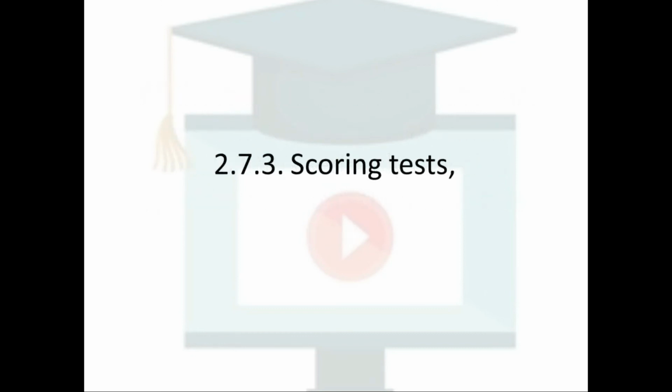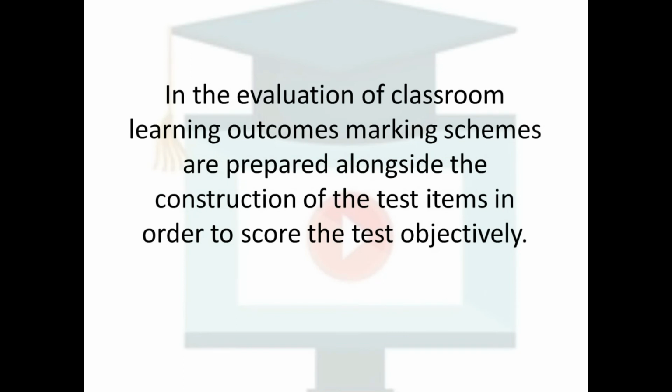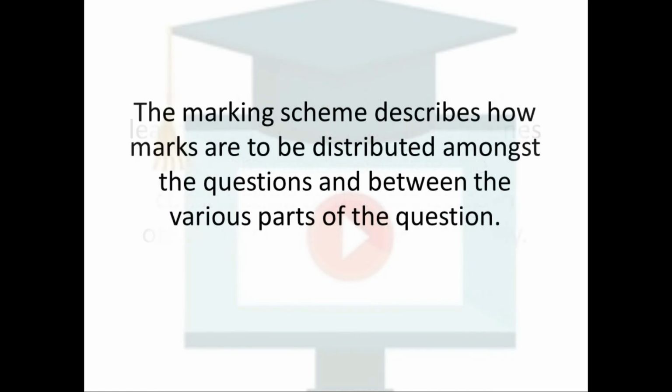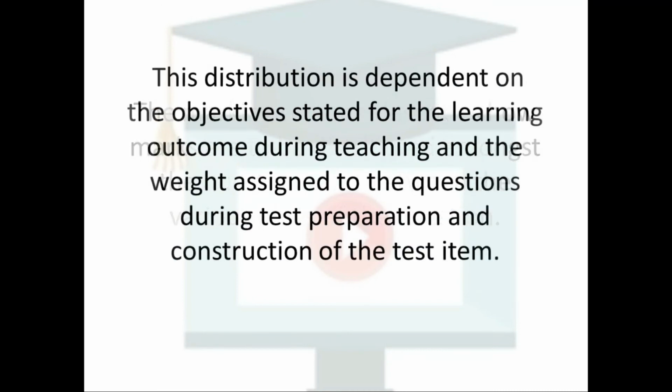2.7.3 Scoring tests. In the evaluation of classroom learning outcomes, marking schemes are prepared alongside the construction of the test items in order to score the test objectively. The marking scheme describes how marks are to be distributed amongst the questions and between the various parts of the question.